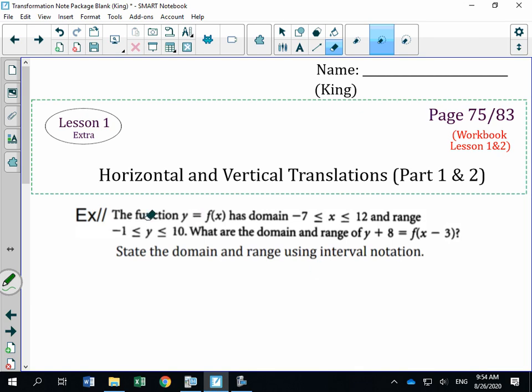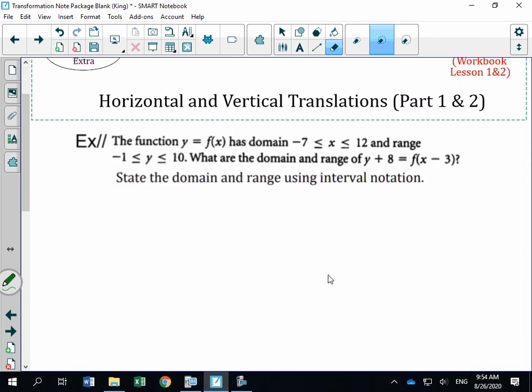So what it says is the function y is equal to f of x has the following domain: x is less than or equal to 12, greater than or equal to -7. And the range of this function is y is less than or equal to 10, greater than or equal to -1. What is the domain and range of the transformed function?